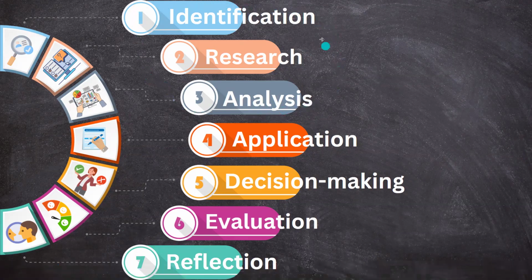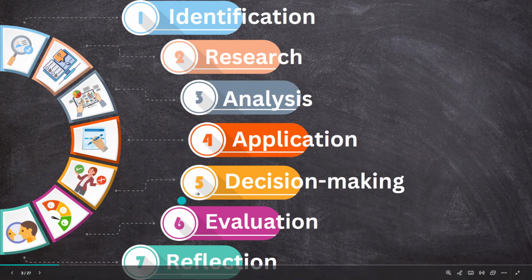So we're doing these 3 things this week. Next week and the week after, we're splitting step 4 into 2 separate assignments. One, we're applying act utilitarianism. The other, we're applying Kantian deontology. And then finally, the last assignment will be steps 5, 6, and 7, where we're making our decision, evaluating, and reflecting on the process.